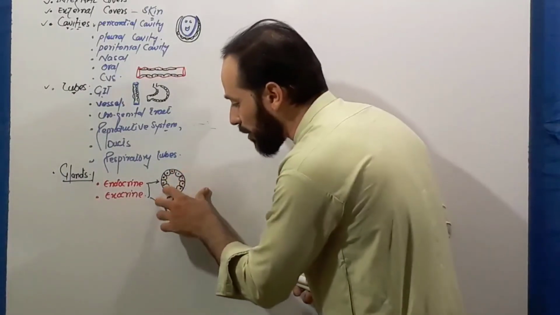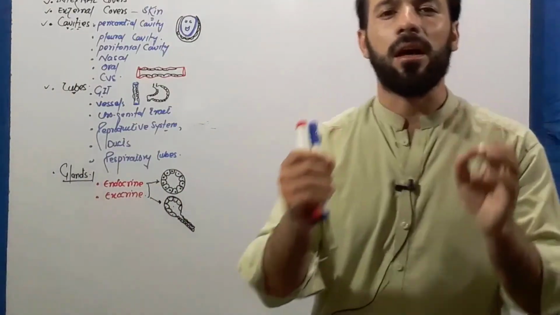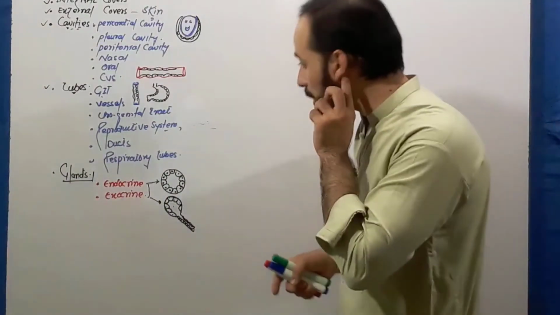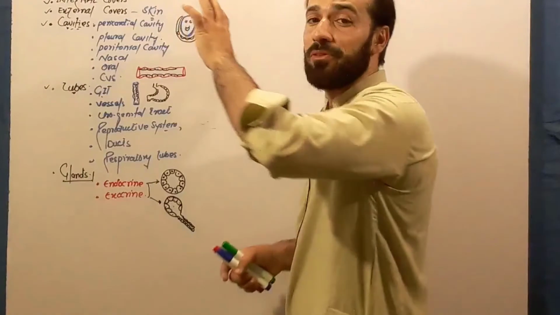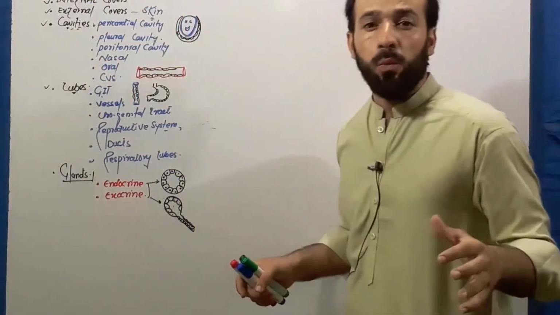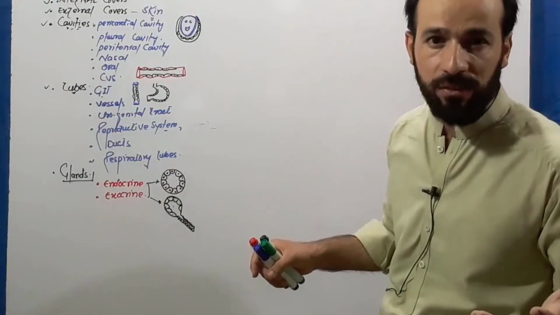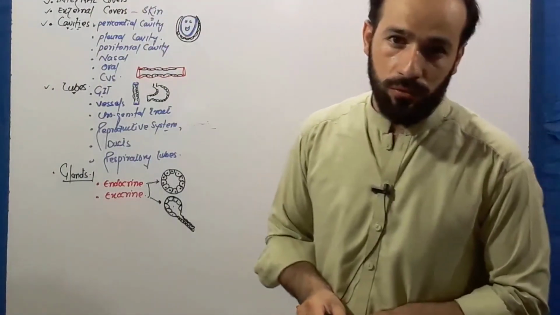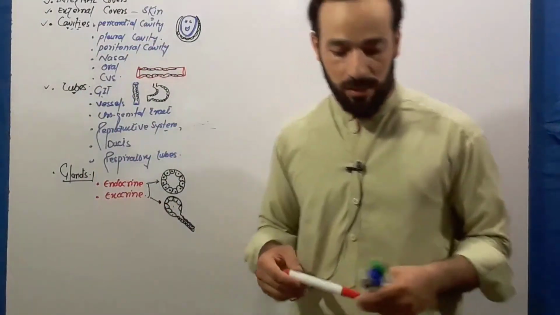There are no intercellular spaces, or very little intercellular space. Such a type of tissue present in our body, which has no or very little intercellular space, is called epithelial tissue, right? And this was about the locations of the epithelial tissues.